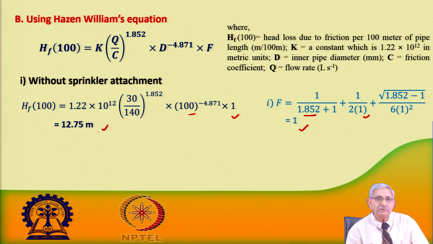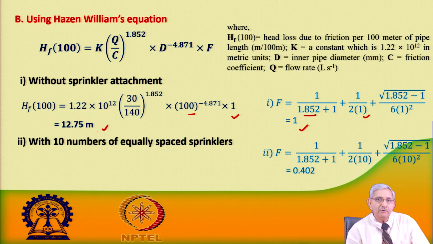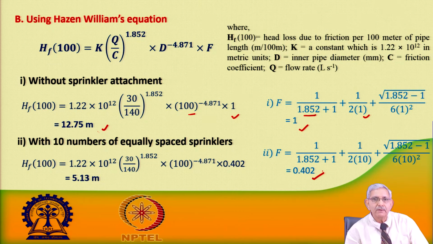So, in this case the head loss due to friction by this equation is underestimating. And when we use this equation for 10 equally spaced sprinklers, the only difference is that we multiply with the reduction factor, and this reduction factor in this case is 0.402. So, we are getting the head loss due to friction as 5.13.